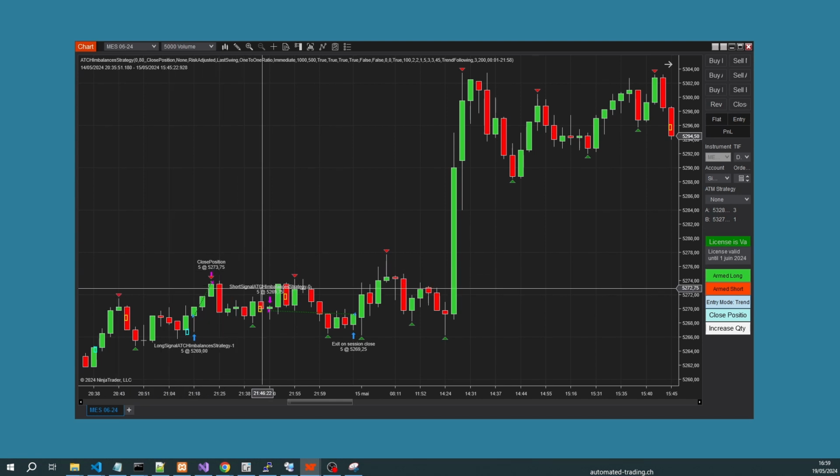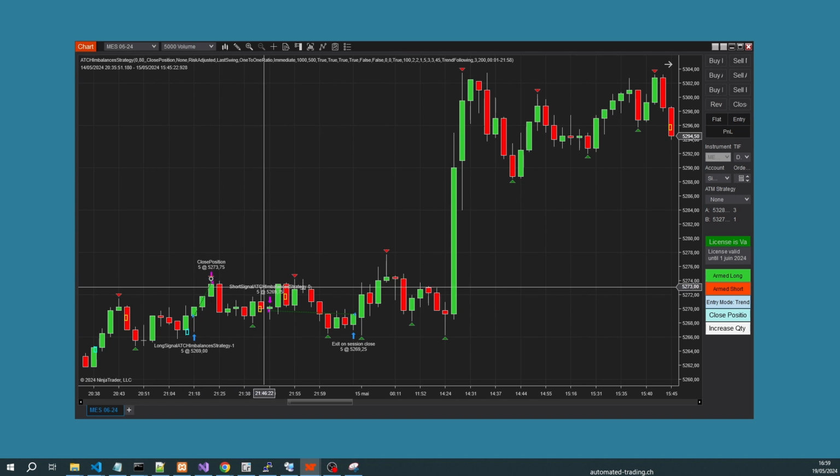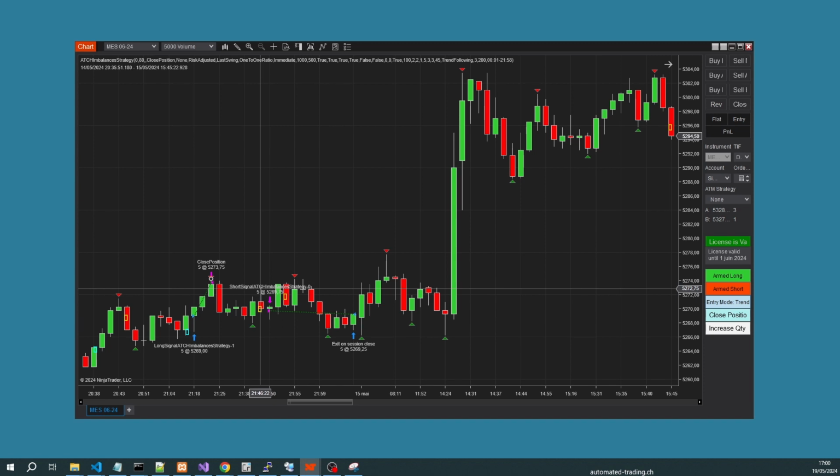Yes, this swing here, at the time of the close of this candle, was a swing low. So we had this swing and this swing, but later, since we had a swing period of 3, after the position was opened, this bar came and took this swing high.